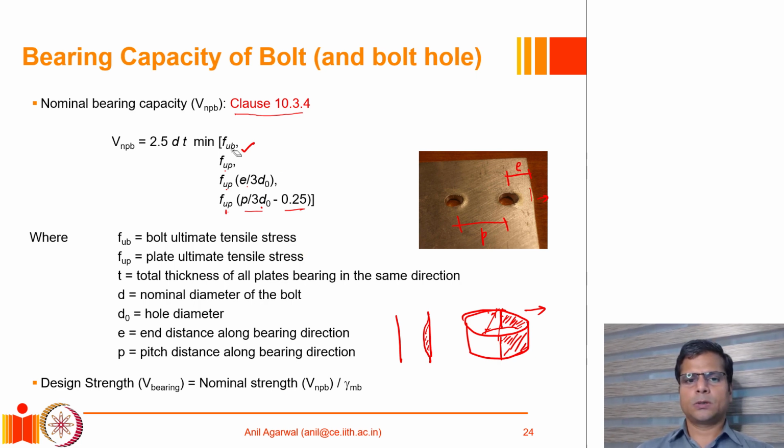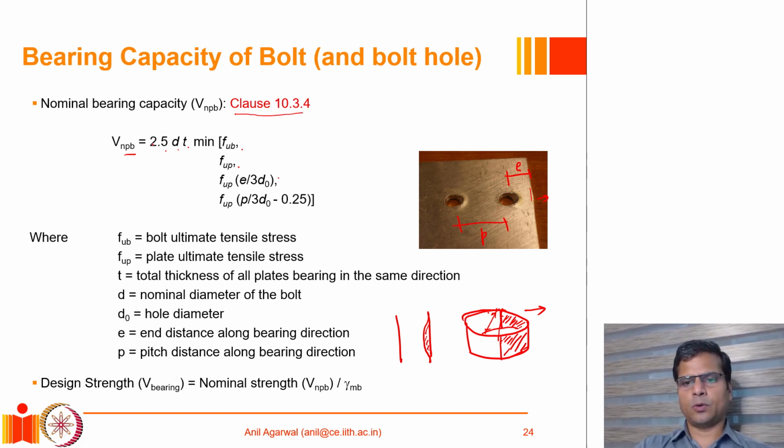And then, depending on whichever factor of the four of these governs the capacity, which will be the smallest of the four, we will calculate all these four factors. We will take the smallest of the four, and that multiplied by t multiplied by d multiplied by 2.5 gives us the strength of the bolt in bearing.